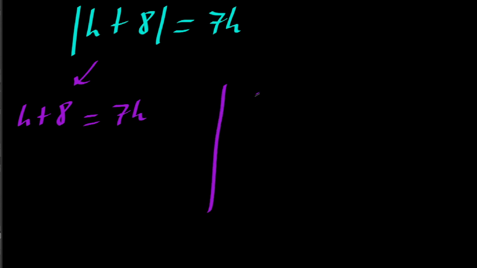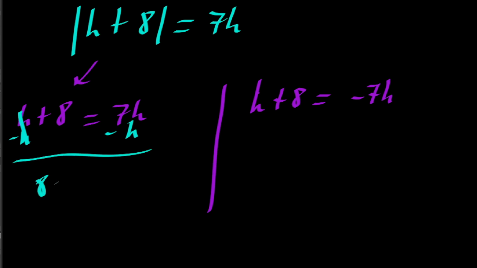The other one would be h plus 8 equals negative 7h. And then we would solve both. And now we actually have to move the h over. That would be the easiest way to do this. So 8 equals 6h. So then h actually would equal 4 over 3.